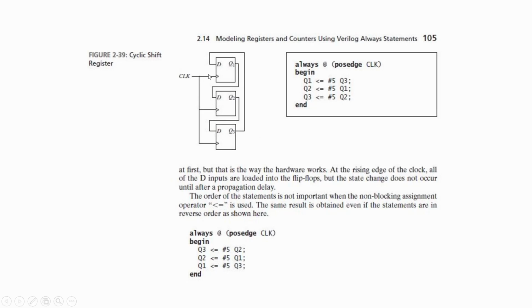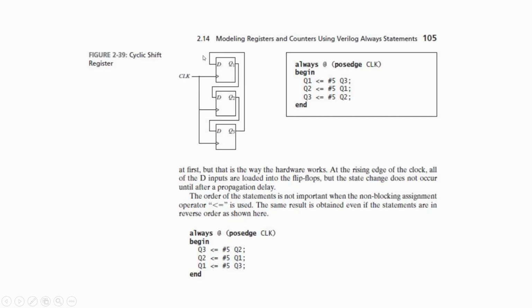So what we are looking at is a cyclic shift register. When a clock is given, the input D to the first flip flop is given from the last output, right? How this works is it keeps on counting in a different pattern.